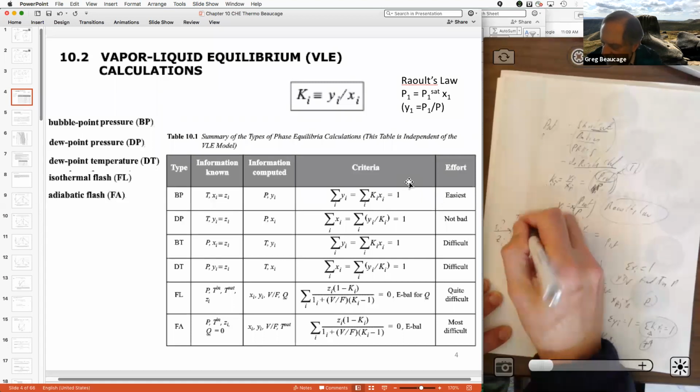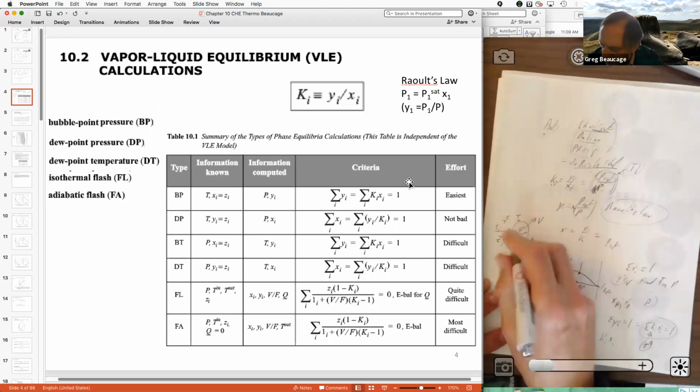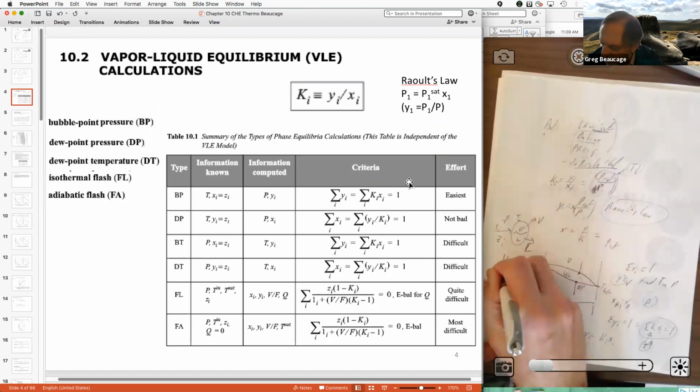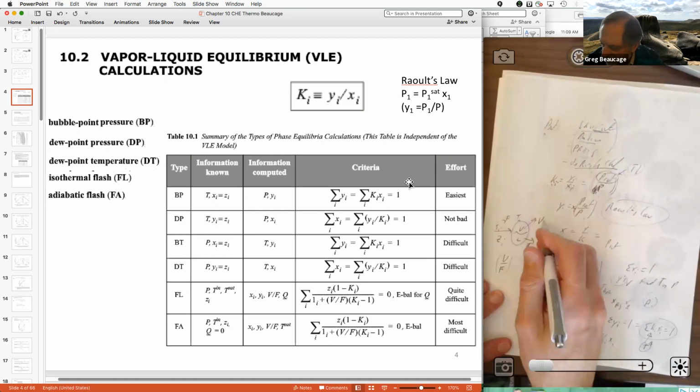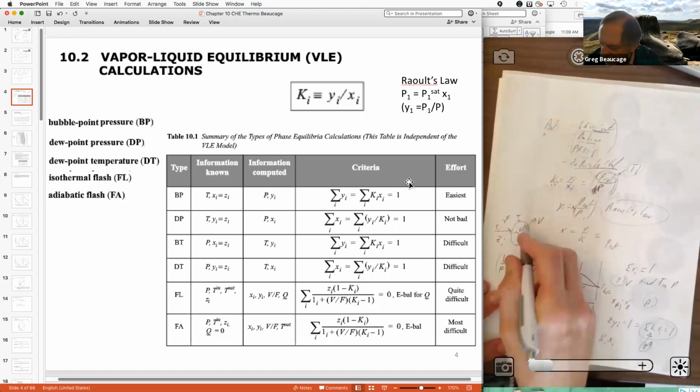And then these streams are going to come out as a V and an L stream, and this is an F stream. And that kind of problem, which is a flash problem, you need V by F. So the quality of what came out, that's basically q. Right? And then you also need to know T, what's the temperature where that happens.